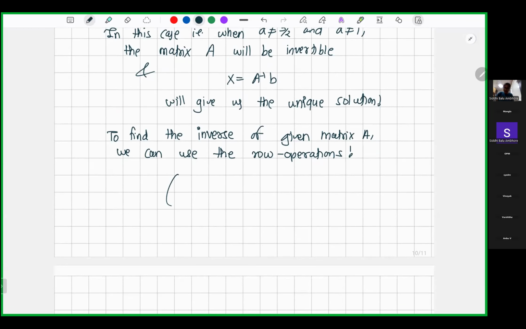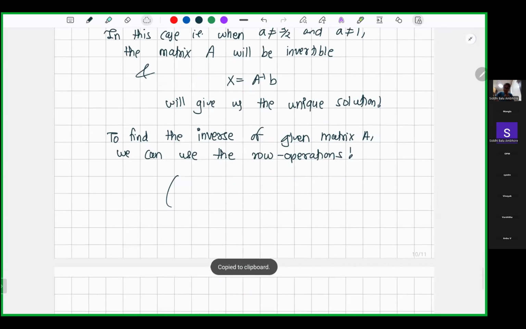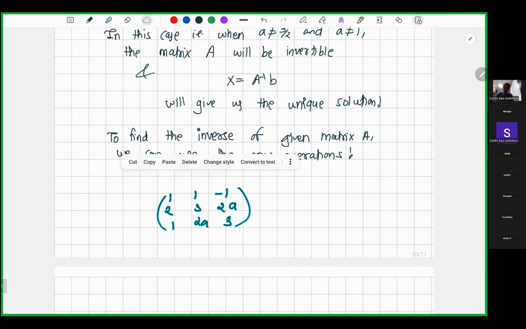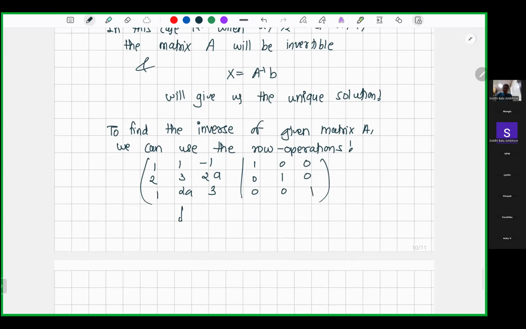We consider this A here. A will be now this same matrix. Let me just copy it. This is my matrix. I start with this identity matrix here. Okay. And I try to make this my identity matrix, this as I_n. And whatever operations I need to perform on this left-hand side to arrive at I_n.